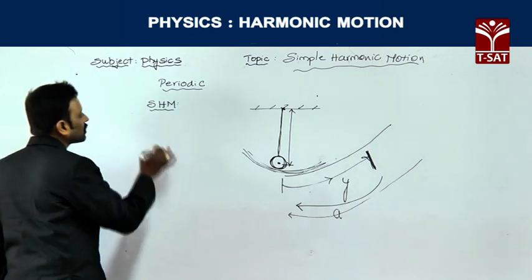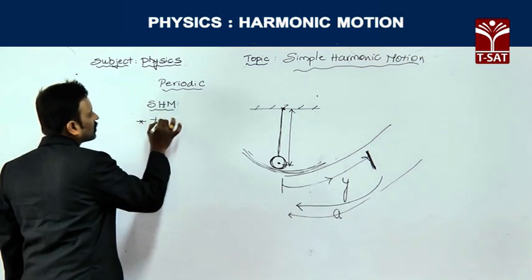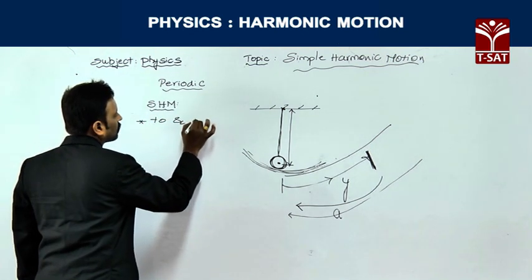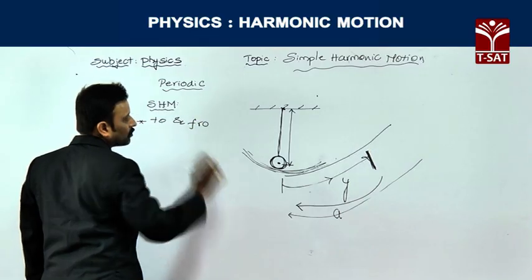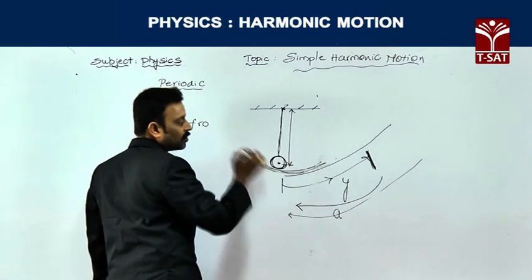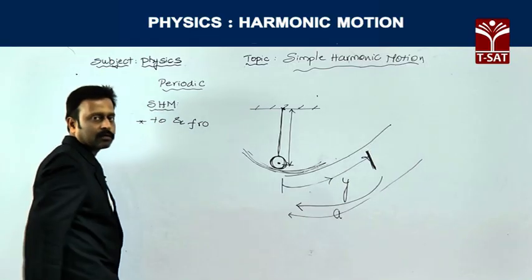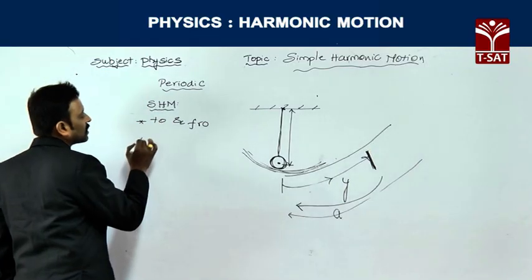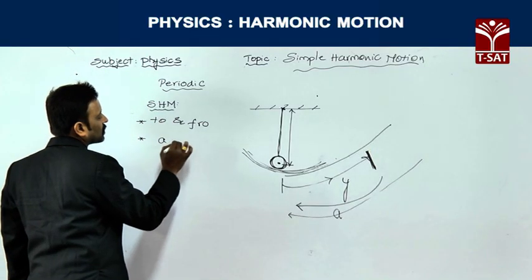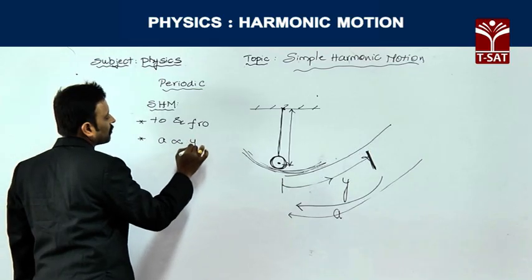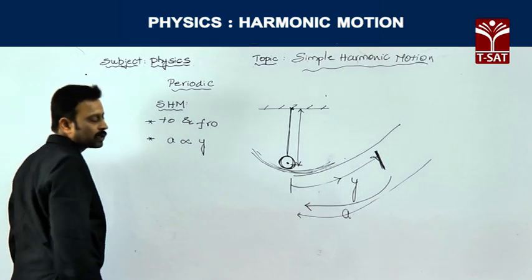So what are the three conditions here? First, the bob is moving to and fro about its mean position. Second condition, acceleration is directly proportional to displacement.